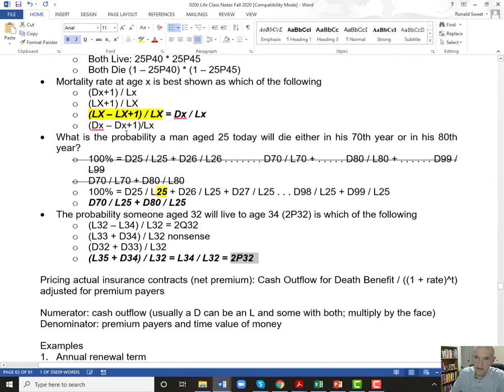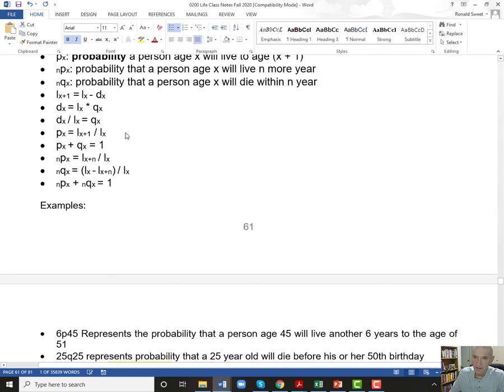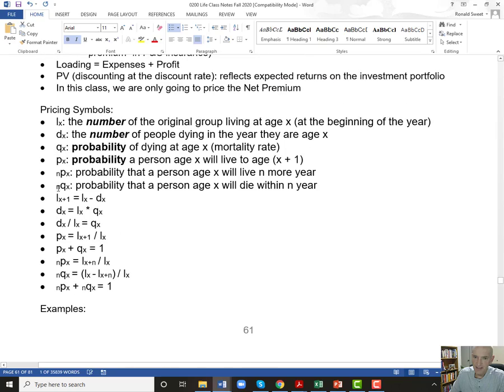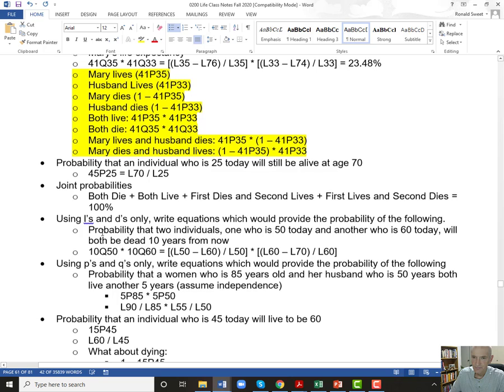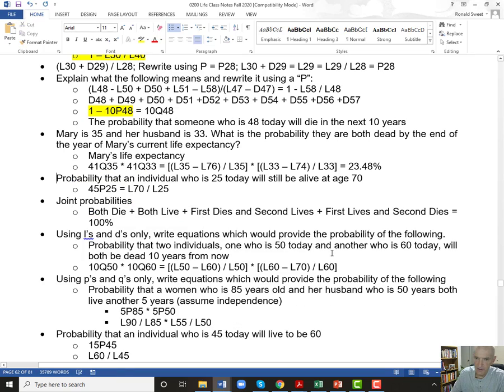This is something you might understand it now, but it's a little shaky. I think the key is that you really know these formulas here at the bottom of page 61. I'm going to delete what I added here so my page numbers don't get off. But you can go back to the video and look at that.